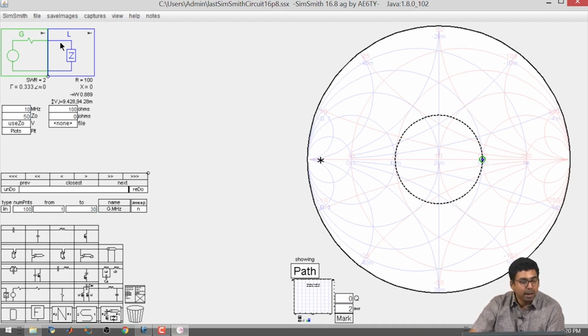Now, I cannot add a series resistance to match the impedance, because a series resistance will only move this to the right hand side more and more. So, I need to add a resistance, but maybe I have to add it in shunt.